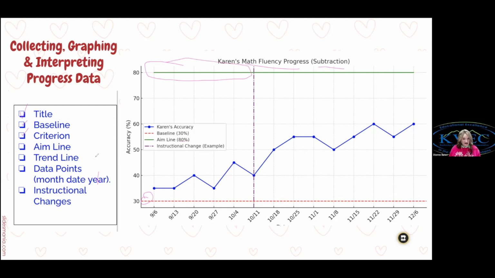But we are missing the trend line. That's right, so that's where we're getting to. Do we have the trend line? What are we noticing? Do we see a trend line? Denny Paul says we don't see it. Do we have a trend line?